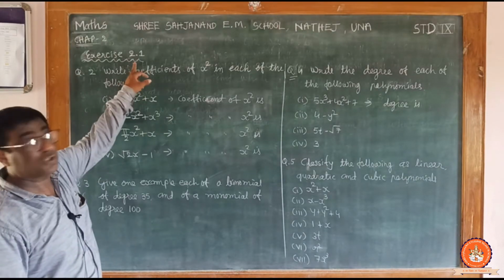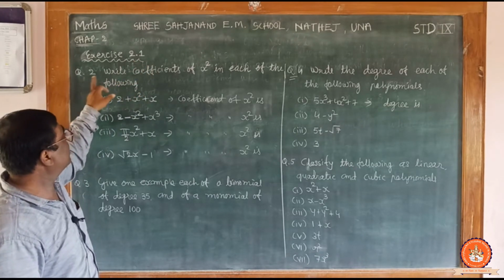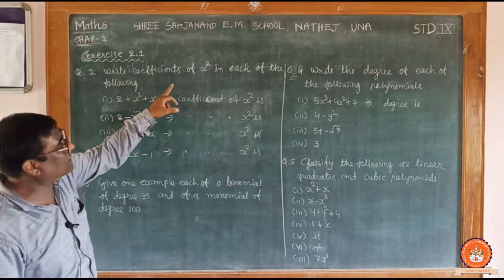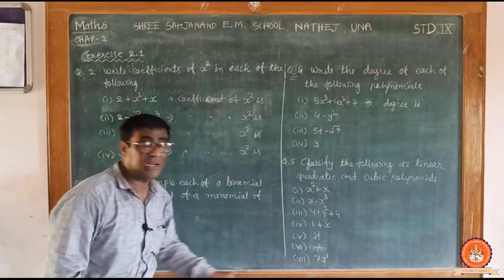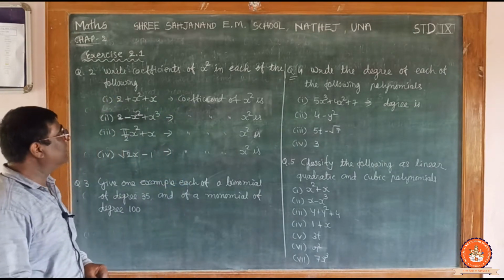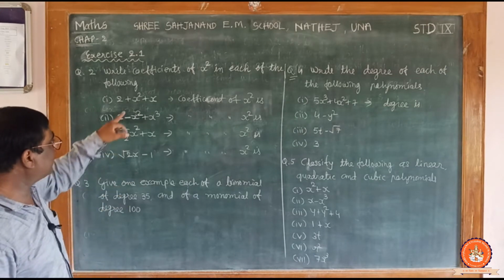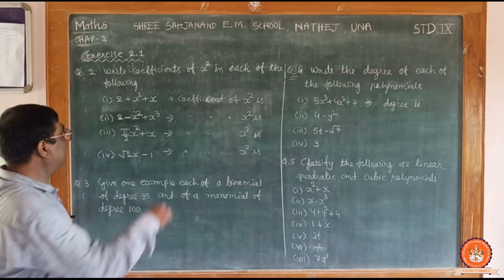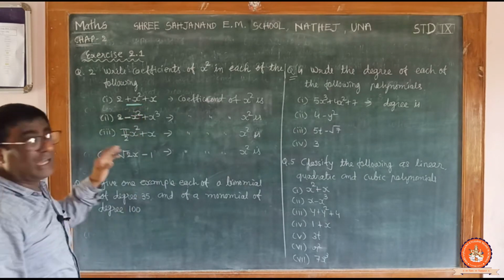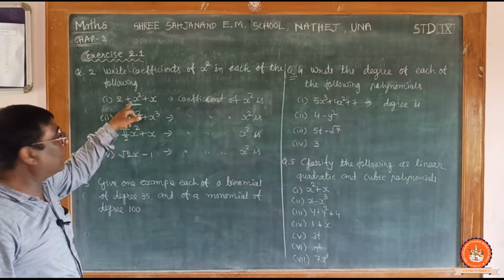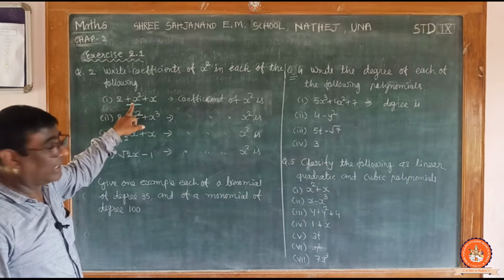It's exercise 2.1, question number 2. Write the coefficient of x square in each of the following. So we have to write the coefficient of x square. Each time, find the term with power 2 of x, that is x square. Now the coefficient is the number that is multiplied to x square.